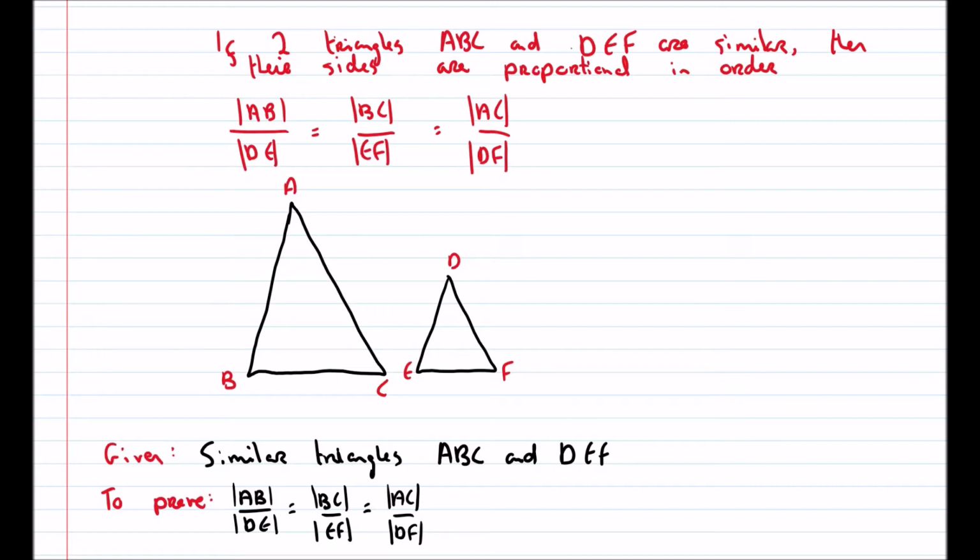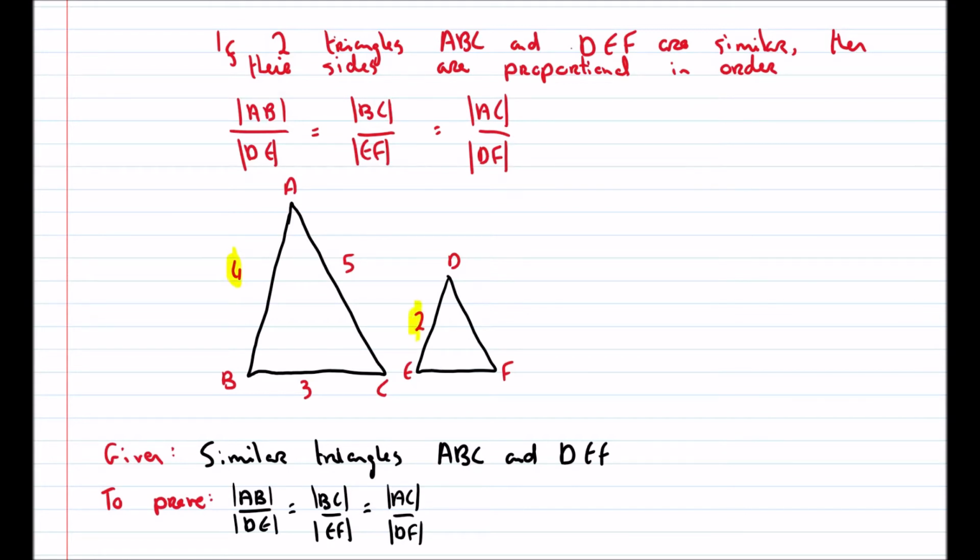Right, so this is theorem 13. If two triangles ABC and DEF are similar, then their sides are proportional in order. So, for example, let's say this triangle has sides 4, 5 and 3, and this side was 2. Now let's compare these sides.